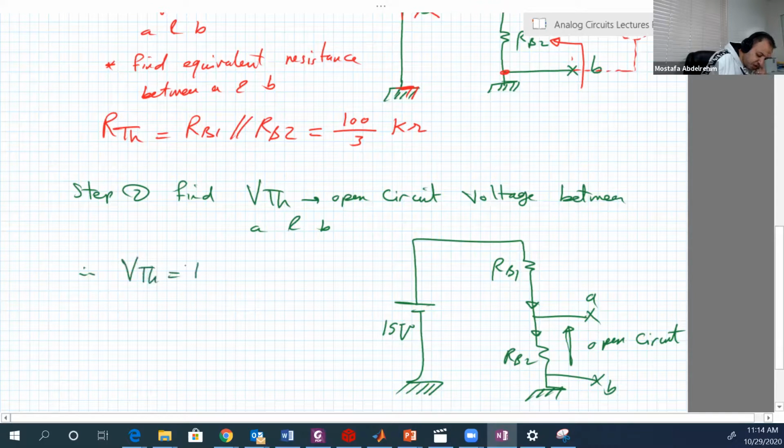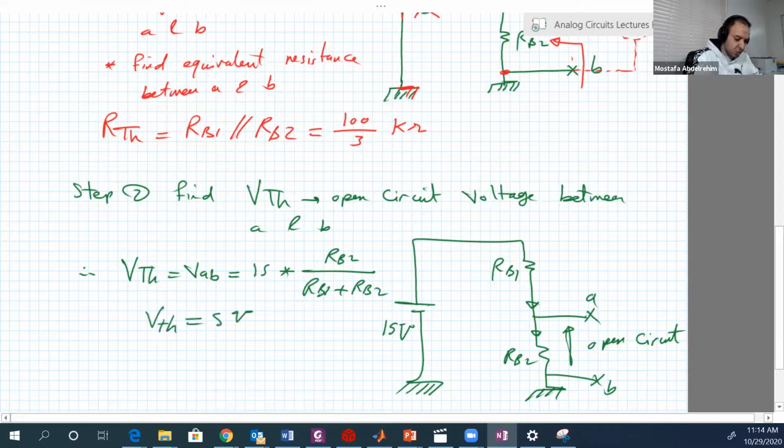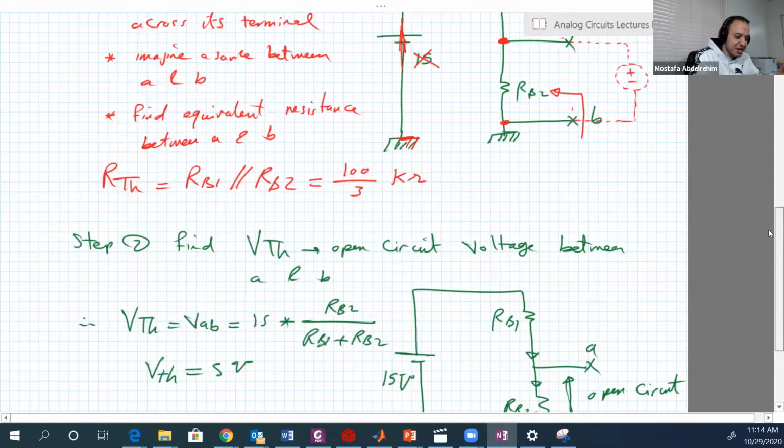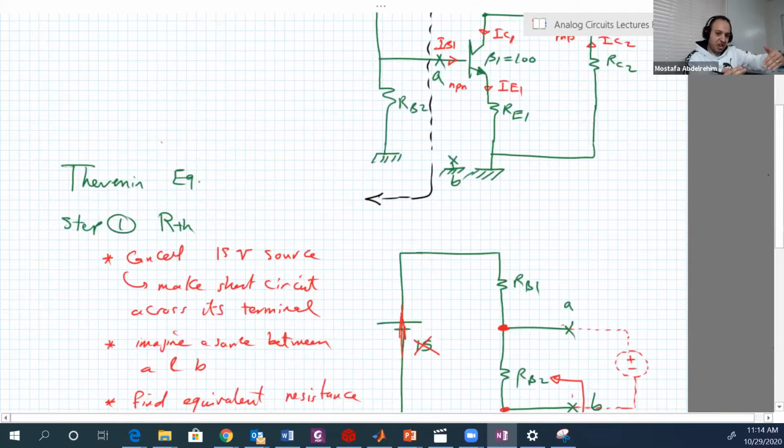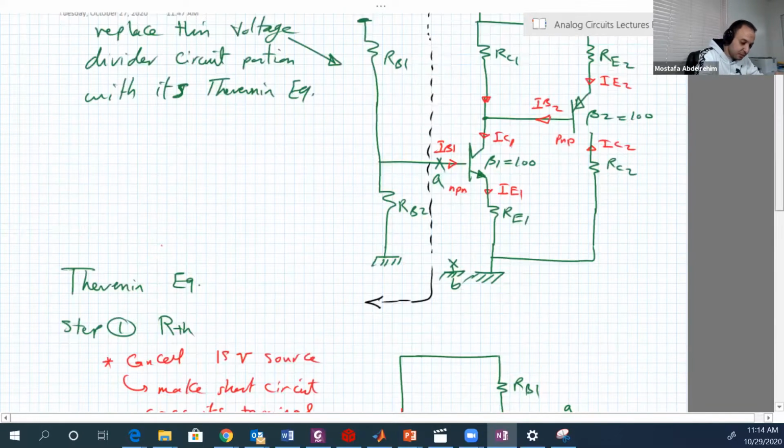V Thevenin, which is VAB, the open circuit voltage between A and B, is equal to 15 multiplied by RB2 over RB1 plus RB2, which is 5 volts. Good. We didn't solve the circuit yet.